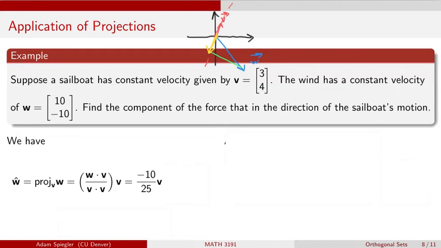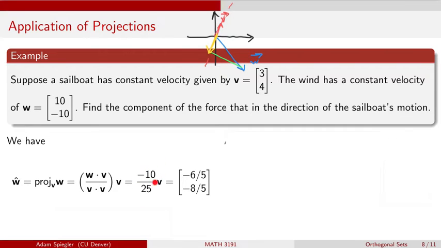So the orthogonal projection of W onto the direction V is equal to minus 10 over 25 times V, which we can simplify plugging in the vector V. This would give me (-6/5, -8/5) as the resulting orthogonal projection of W onto V.